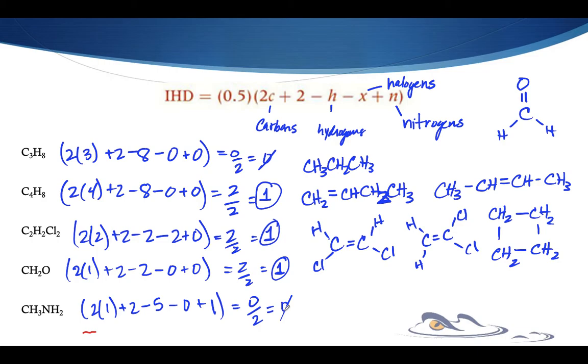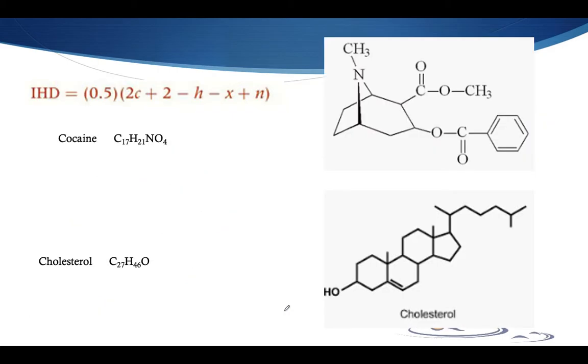Okay, let's try it with some more complicated molecules. So the first molecule on the top is cocaine. It's the active ingredient, I guess, of cocaine here. For this one, again, I have its structure here, but the goal is we're going to look at this formula and see how it matches up to this structure.